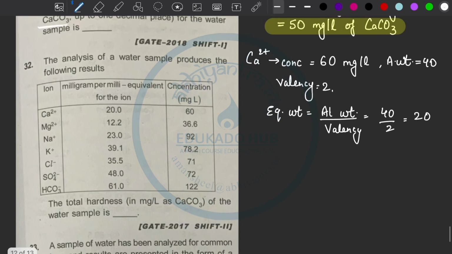Now we want to know number of gram equivalents. Number of gram equivalents is nothing but the concentration, that is 60, divided by equivalent weight, that is 20. So we got 3.